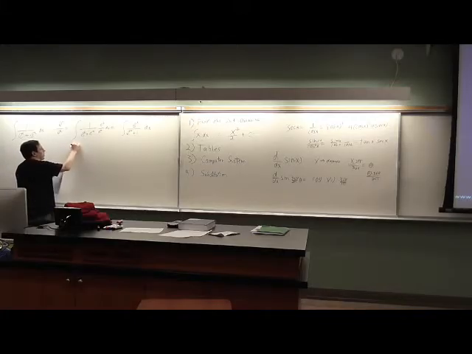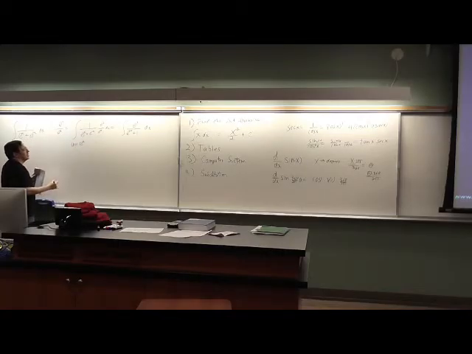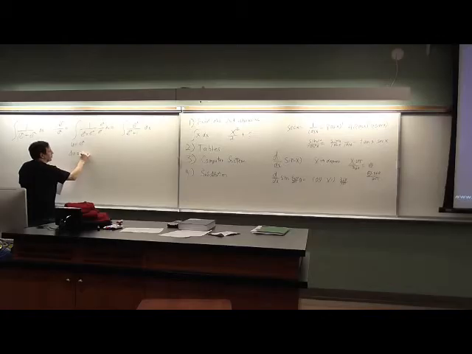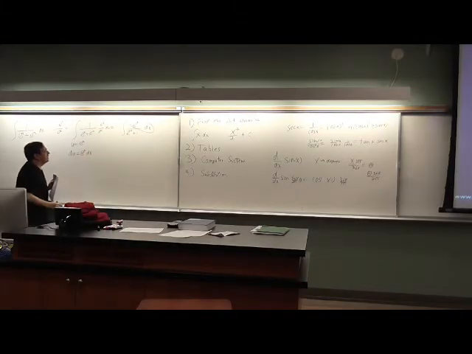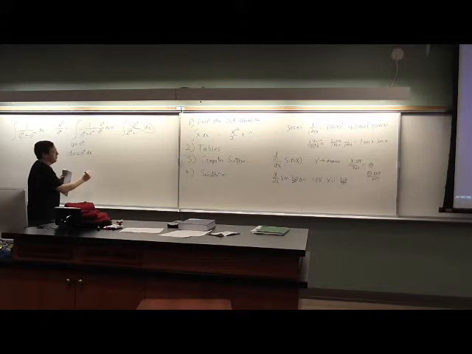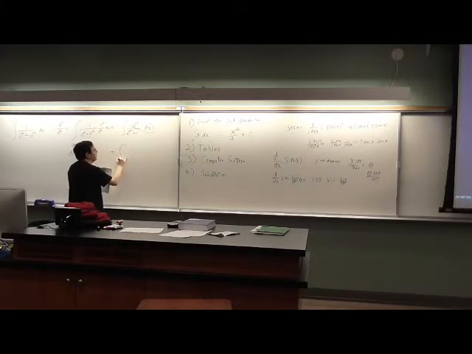In this case, let's try u equals e to the x. So we find du equals e to the x dx. That looks good. And when we plug this in, we're going to get the integral of du over u squared plus 1.